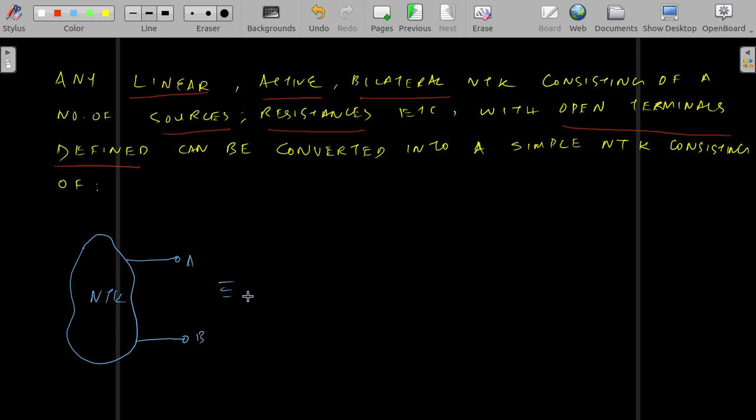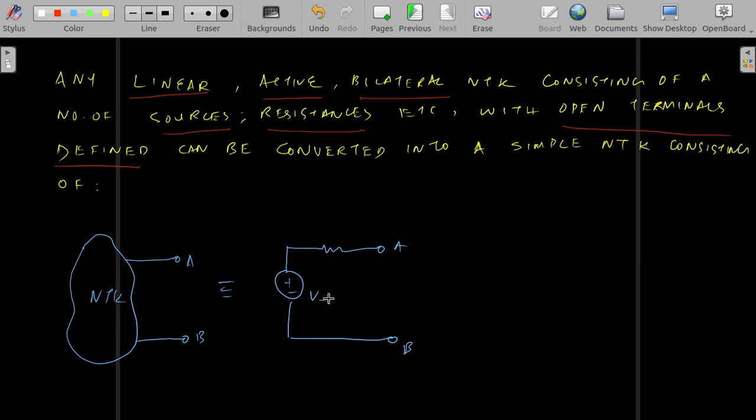It can be converted into a simple network consisting of a voltage source in series with the resistance. This is A, this is B, a voltage source in series with the resistance.